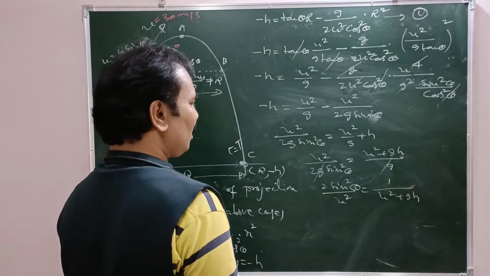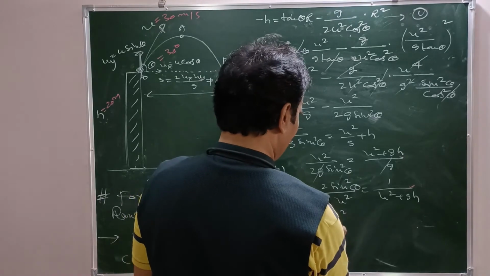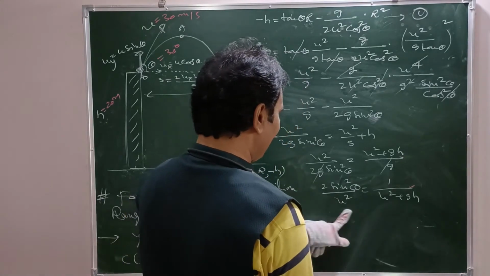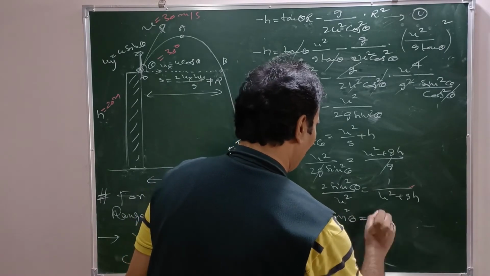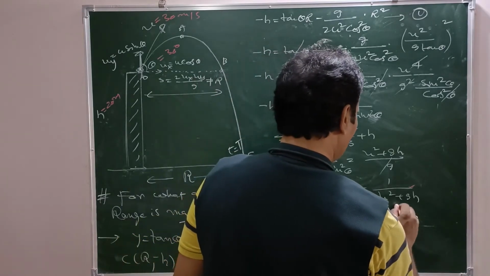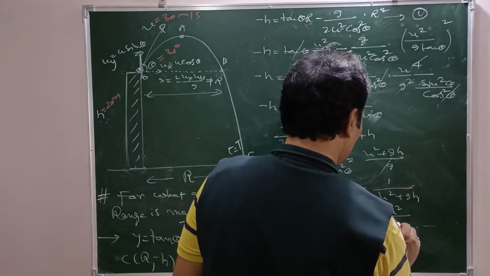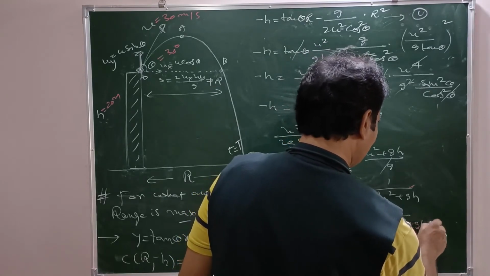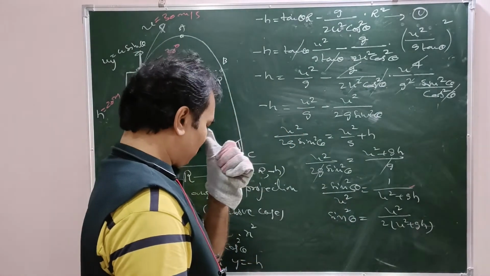Right? That is sin square theta can be written as sin square theta equals u square by 2 into u square plus gh. This is what sin square theta is, in fact. Now take the root to get sin theta.